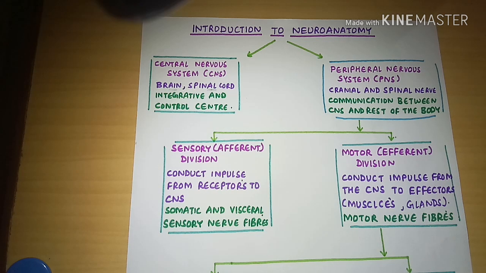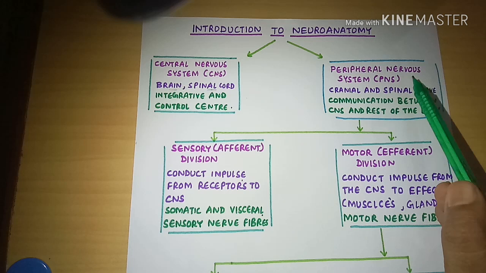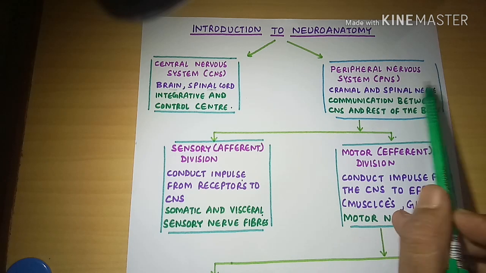We have to keep in mind that the central nervous system consists of only brain plus spinal cord, and the peripheral nervous system consists of all the nerves associated with the brain and all the nerves associated with the spinal cord. The nerves associated with the brain are called the cranial nerves, and the nerves associated with the spinal cord are the spinal nerves. The peripheral nervous system consists of the cranial nerves and the spinal nerves.